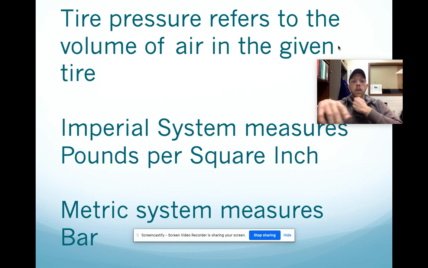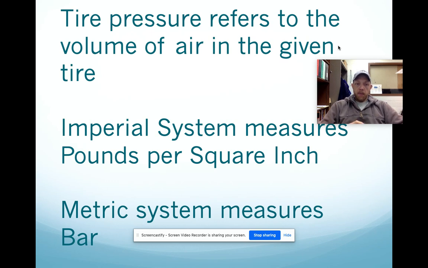Okay, so with ag tires, we have this container essentially that holds some volume of air, and that's going to vary based on the type of tire that you have and based on the size of tire. Tires vary greatly in both size and type, and their use.